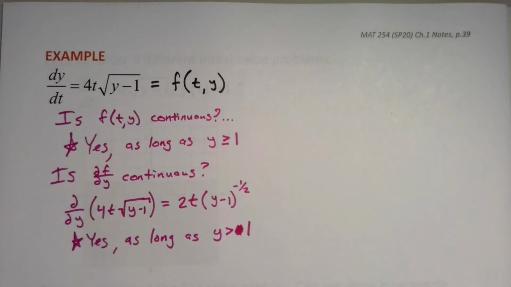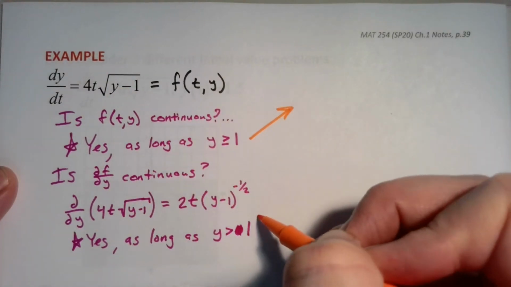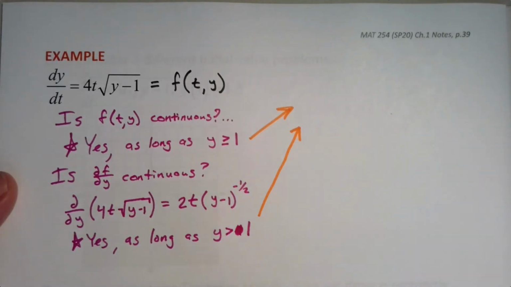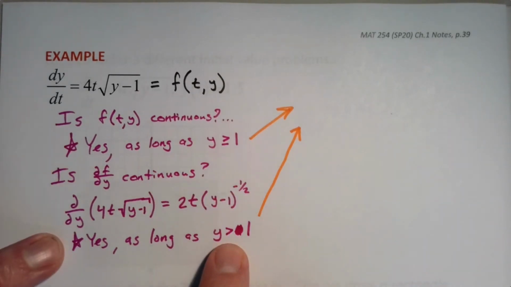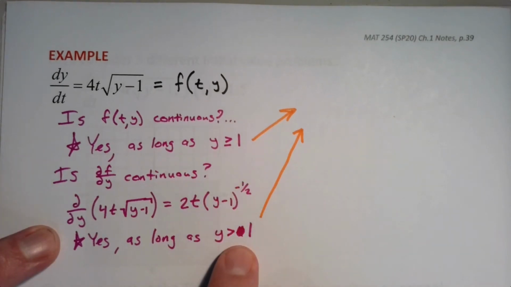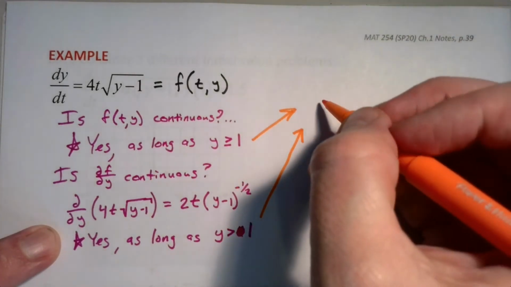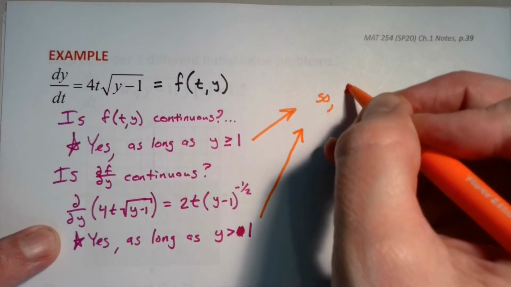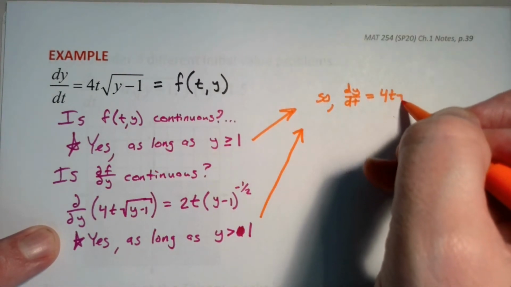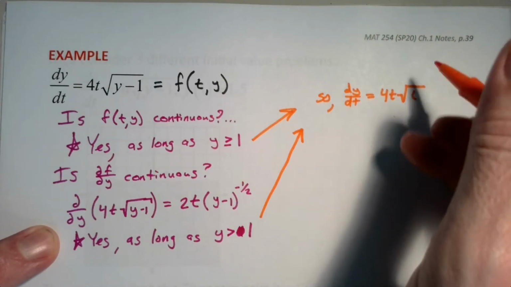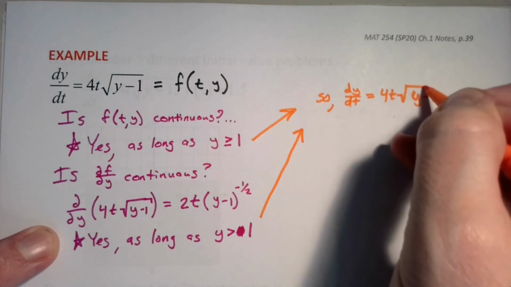So take these two pieces of information taken together, the fact that we have a restriction on continuity, right? As long as y is greater than 1 in this case, or greater than or equal to up here, and greater than 1 means that dy/dt equals 4t times the square root of, sorry, not t, y minus 1.